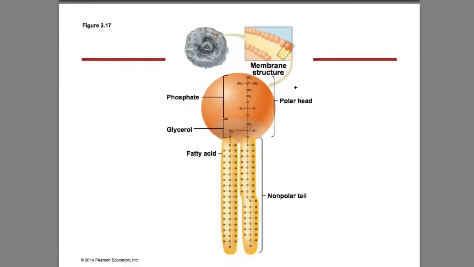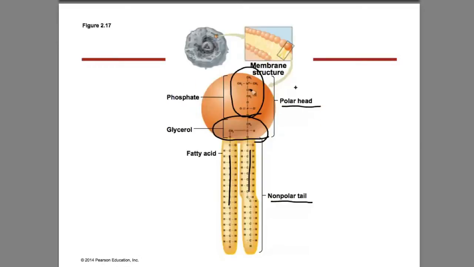Here's an example of this, figure 2.17. Here's a phospholipid with the 2 nonpolar fatty acid chains. Here's our glycerol part, and here's a phosphate group compound that forms this polar head.